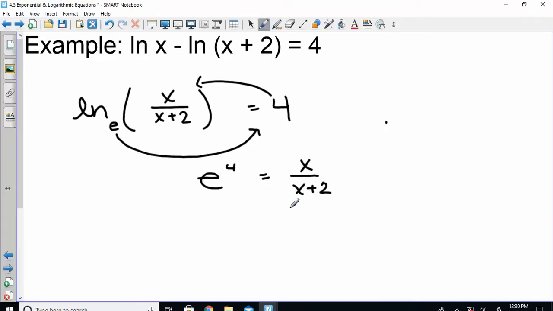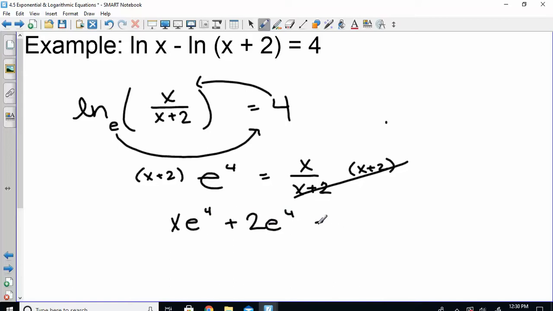So now if I'm going to solve this, what would I do? So we get x e to the 4th plus 2 e to the 4th equals x.